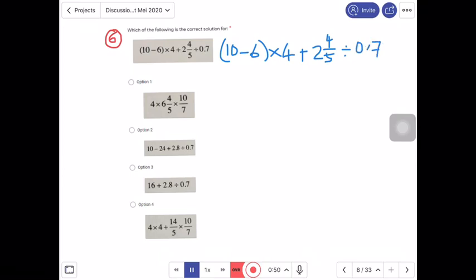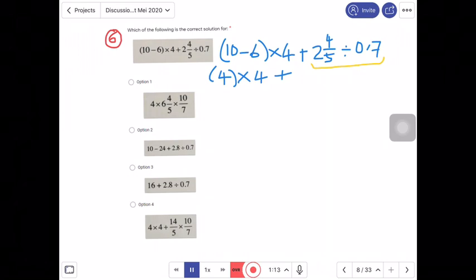Definitely we have to solve everything in the bracket first. So 10 minus 6 is 4, multiply 4, and then plus, you cannot do anything yet, but instead you have to proceed to this one. You have divide, yeah.